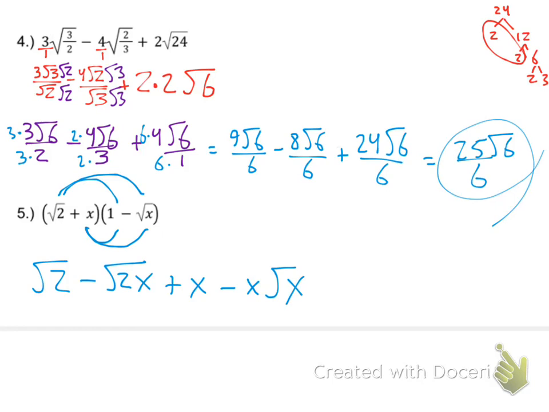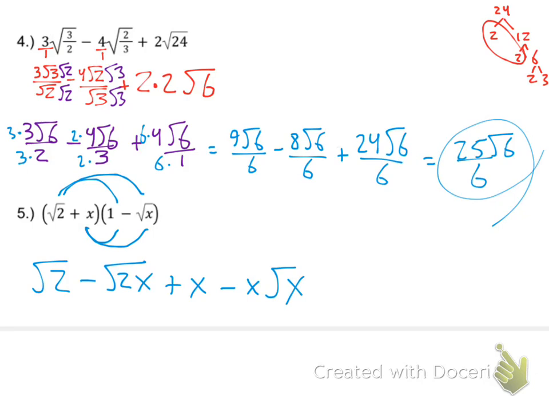Or, I'm not done because I can combine like terms. Is a square root of 2 the same as a square root of 2x? No. Is it the same as x? No. And is it the square root of x times square root of x? Yes. So if you think about it, these are all different things. Why isn't it the same as the square root of x?